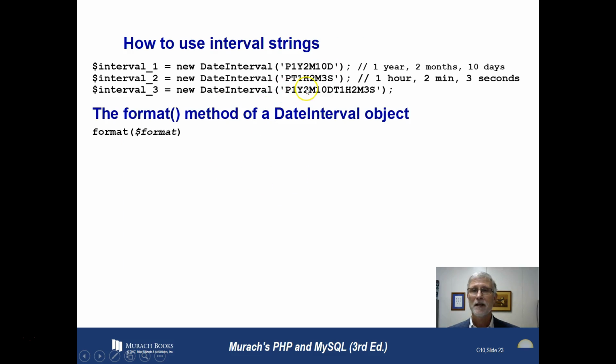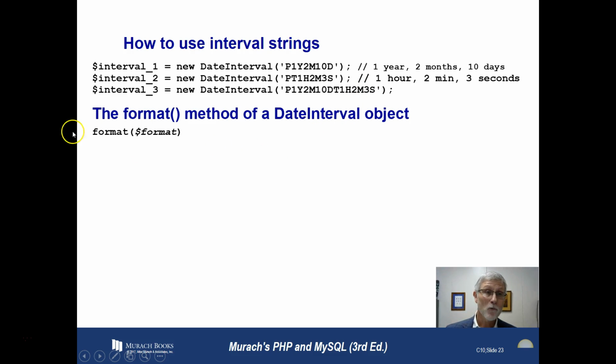Just to give you some examples, I've got a new interval date: 1 year, 2 months, 10 days; 1 hour, 2 minutes, 3 seconds; or you can combine them all together and go 1 year, 2 months, 10 days, 1 hour, 2 minutes, 3 seconds.